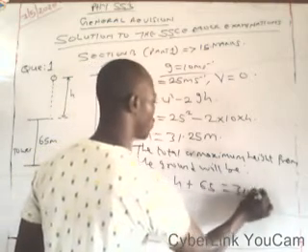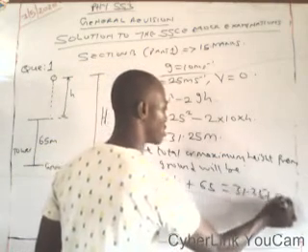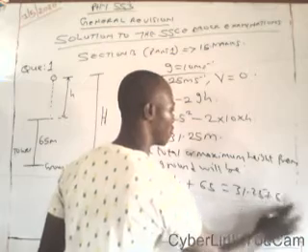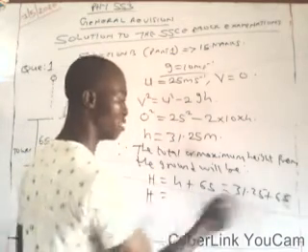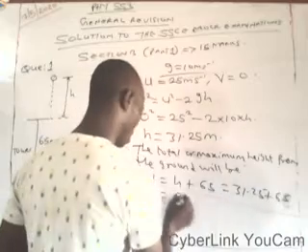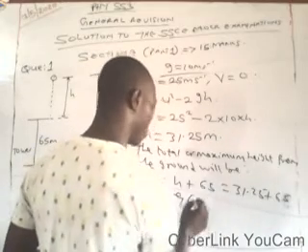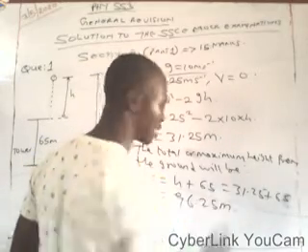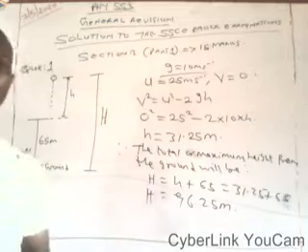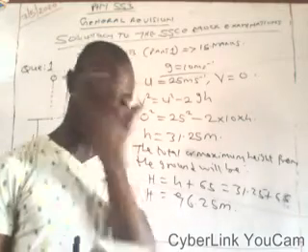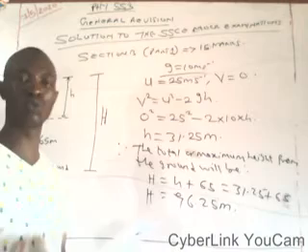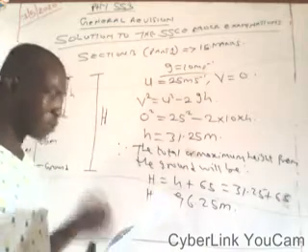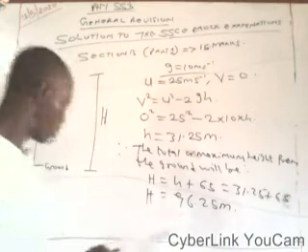That is 31.25 plus 65. So our final answer for this will be 96.25 meters. That is the solution to the first question. Now let's go to question 2.